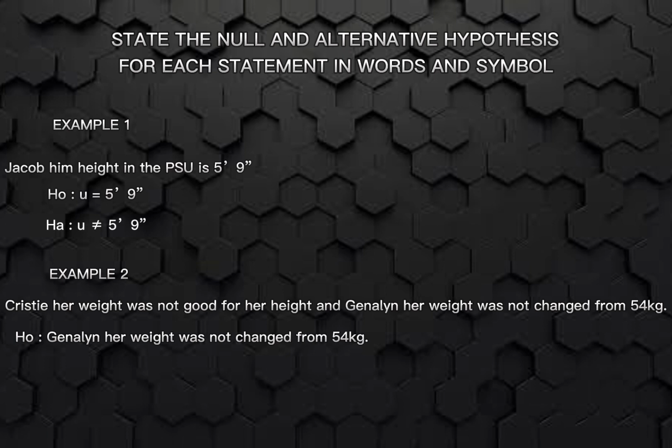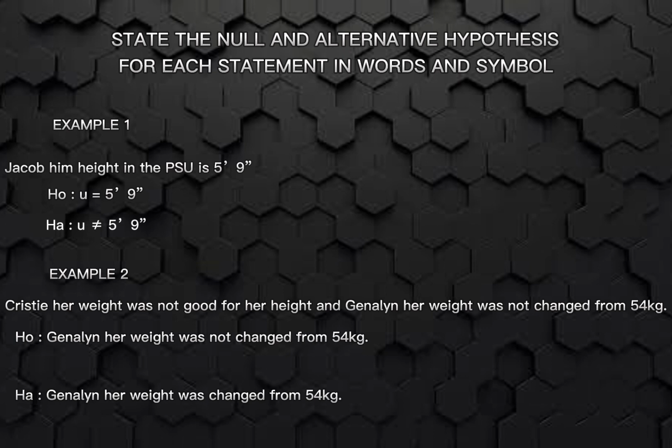So, paano naman sa ating alternative? So, yung alternative natin, di ba sinabi ko doon ng una na magiging contradict siya sa ating null. So, kung ito ay not change from, ang ating alternative ay magbabago. So, tatanggalin lang natin ang not at magiging was changed from. So guys, ito ang ating alternative hypothesis.